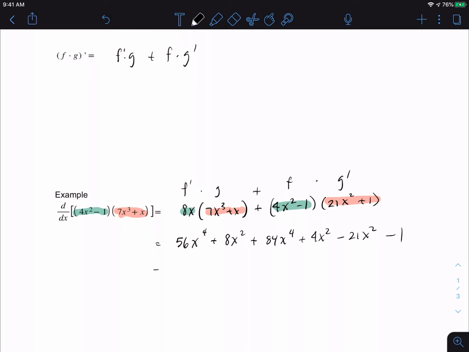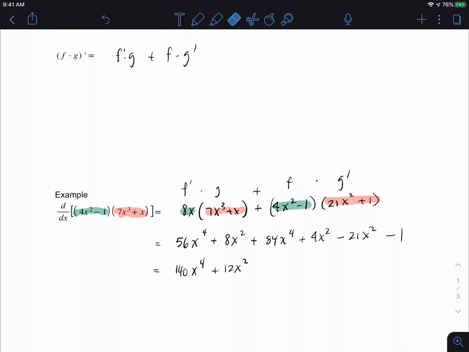Okay, then we need to combine like terms. 56 plus 84, those are like terms. What's that going to be? 90 plus 50 is 140, I believe. I'm trying to do this all in my head. Plus 12x squared. Oh, minus 21.